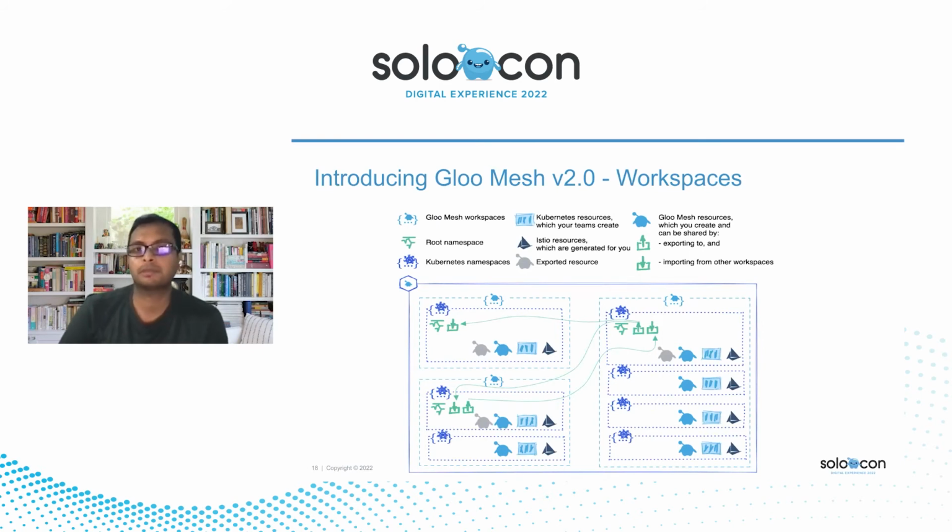So we introduced the concept of workspaces. So workspaces are logical boundaries or containers, which gives you this benefit of multi-tenancy in regards of isolating your configuration and also isolating traffic between services that are part of workspaces or that you have imported, right?